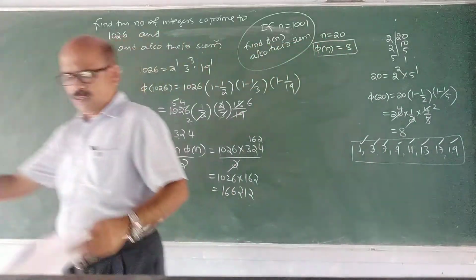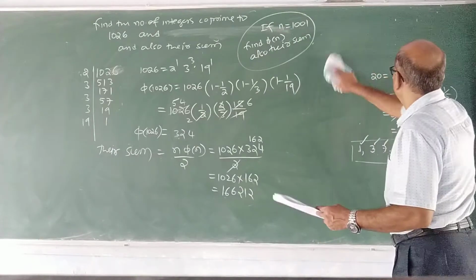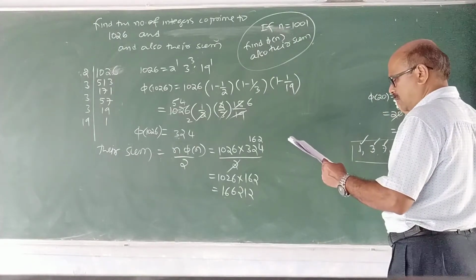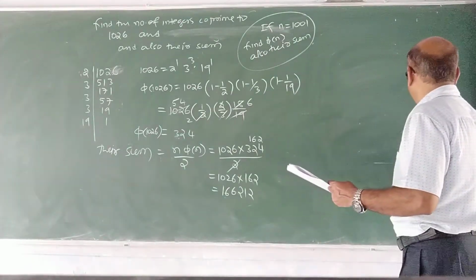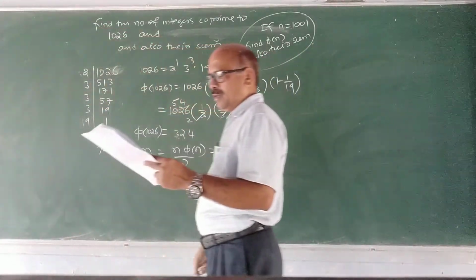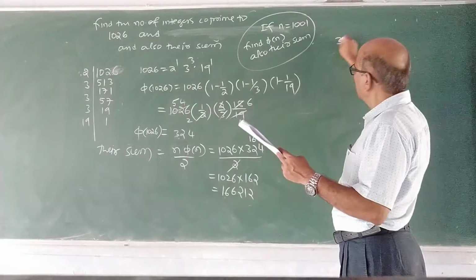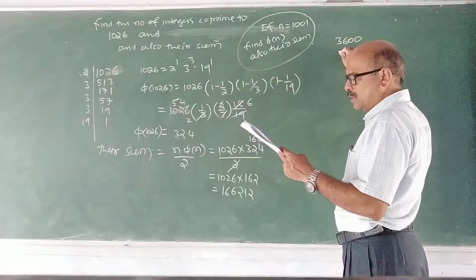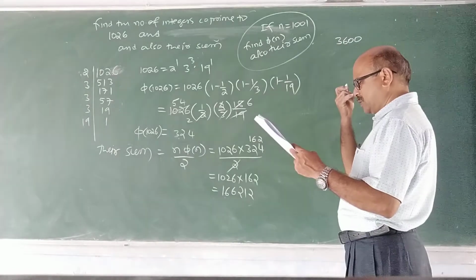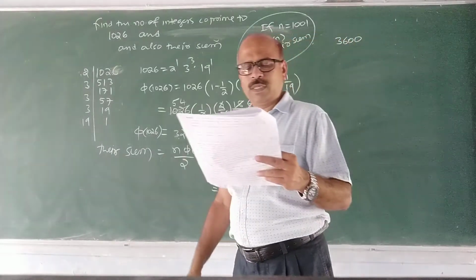One more. Find the number of positive integers less than or equal to 3600. What happens? 3600 is not relatively prime to 3600.